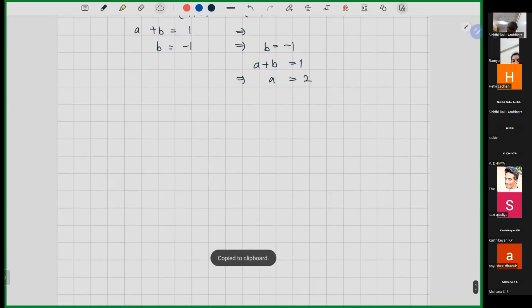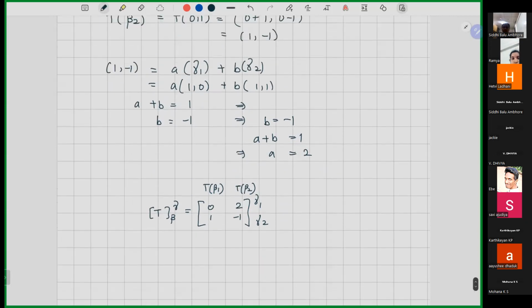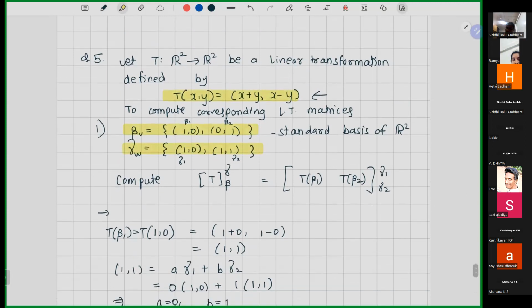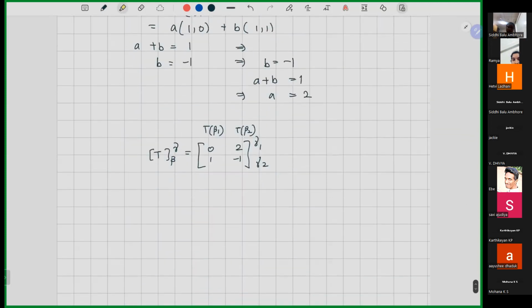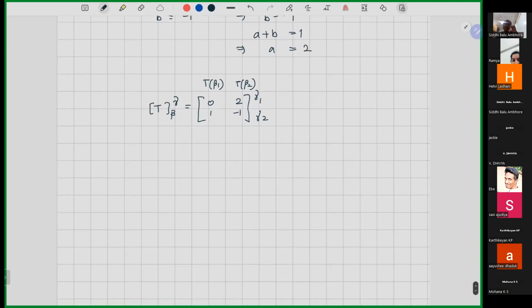And if I want to write this matrix here, I want to write a here and b here. So this is the linear transformation matrix of this T. These are our bases beta and gamma, and corresponding to it, I am getting this linear transformation matrix. Does anybody know what this linear transformation matrix actually does?